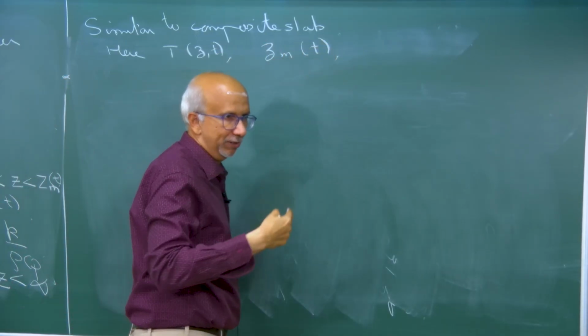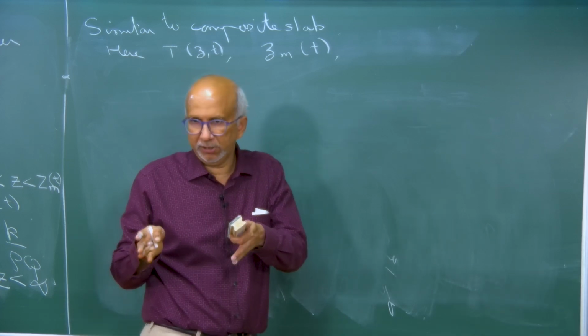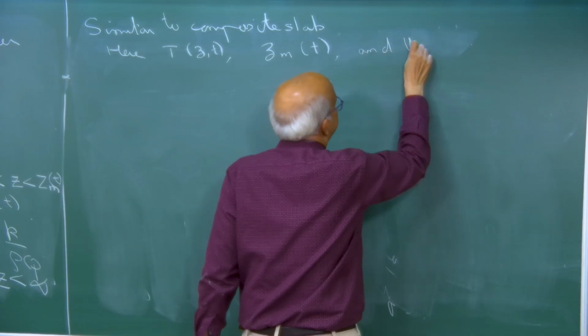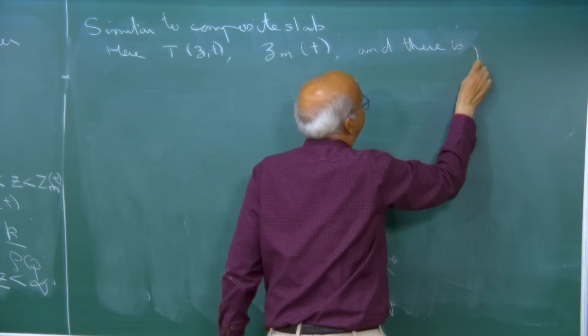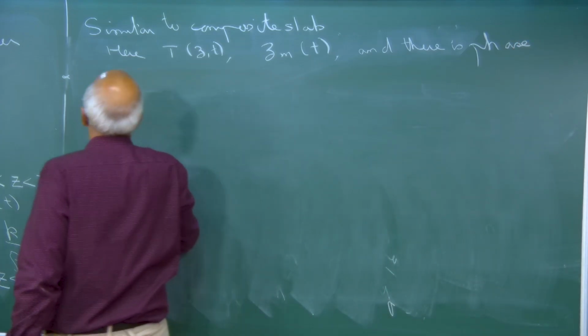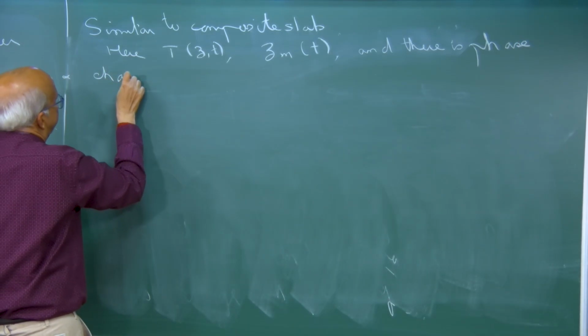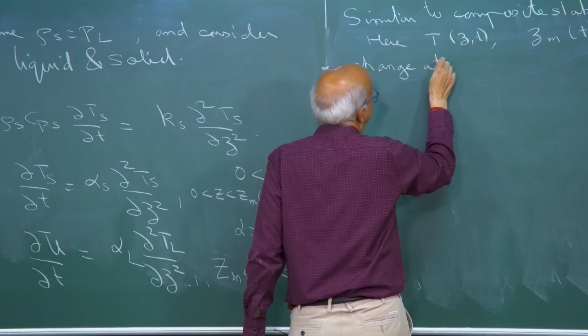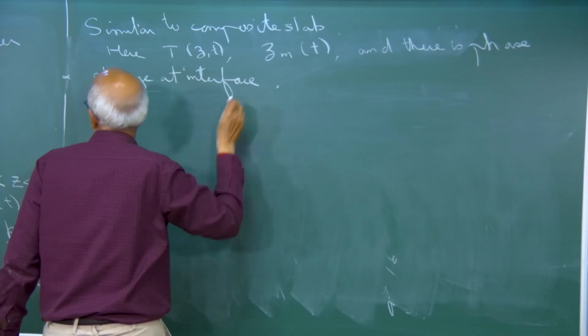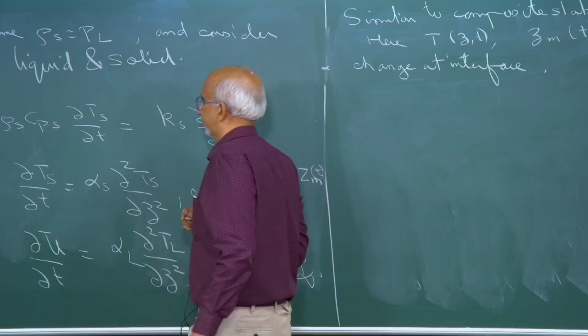In the composite slab, the interface does not move, and there is no phase change at the interface.